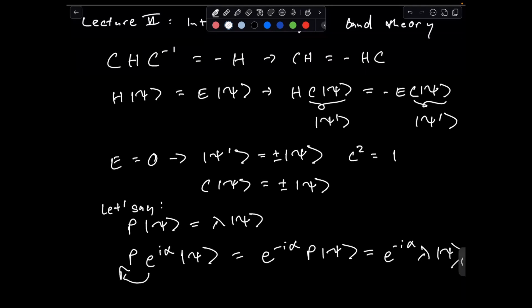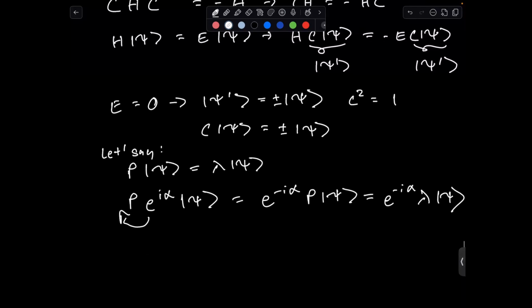Which means we've managed to change the eigenvalue lambda to an eigenvalue e to the minus i alpha times lambda. So the eigenvalue is not well defined. We can't actually write down an eigenvalue for this anti-unitary symmetry. So the eigenvalue is ill-defined.